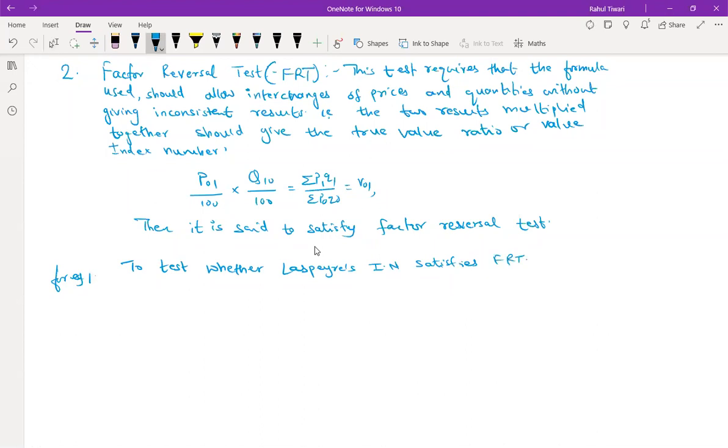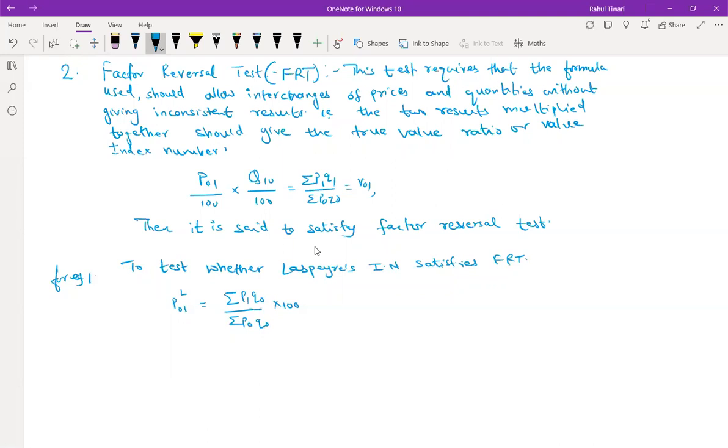Okay, so first I will define the formula. So P01L equal to summation P1 Q0 upon summation P0 Q0, multiply by 100. I will get the Laspeyres price index number definition.